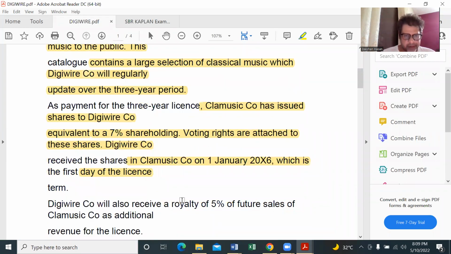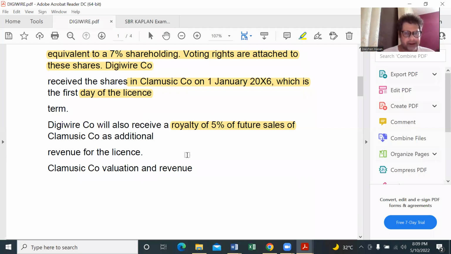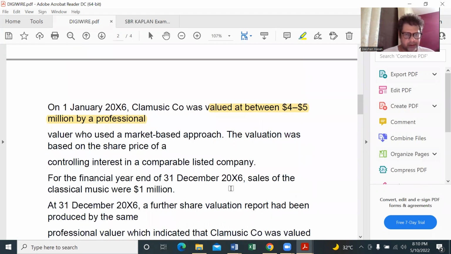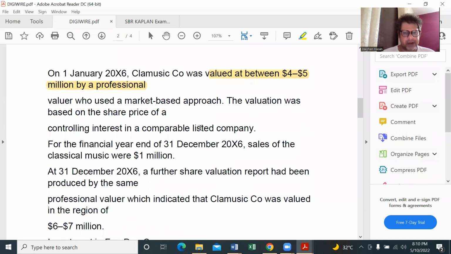Digiwire will also receive a royalty of 5% of the future sales of Clam Music Company as additional revenue for the license. Clam Music Company's valuation on 1st January 2006 was valued at between $4 to $5 million by a professional valuer who used a market-based approach. The valuation was based on the share price of the controlling interest in a comparable listed company.